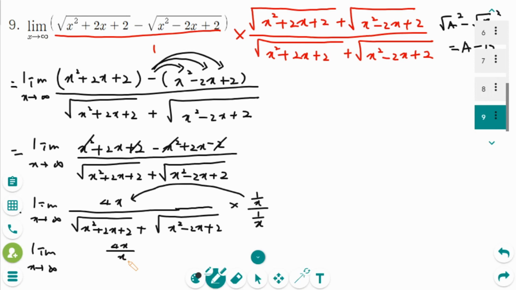I will write it down like this. Over this one, it's actually 1 over x is square root of 1 over x squared like this. So it's the same as here, and then plus is the same thing.